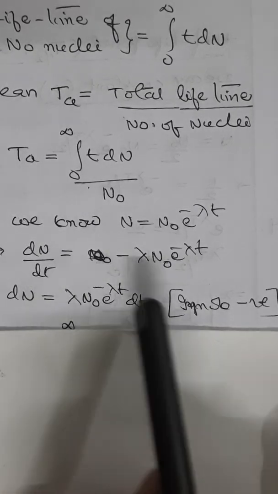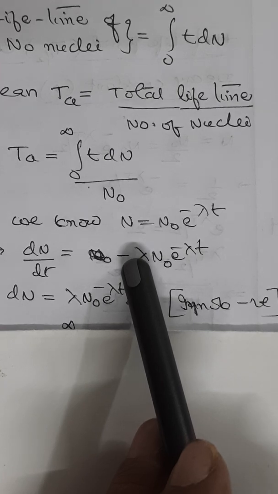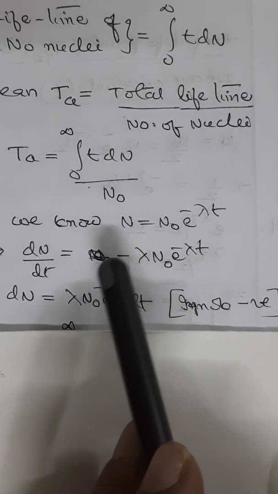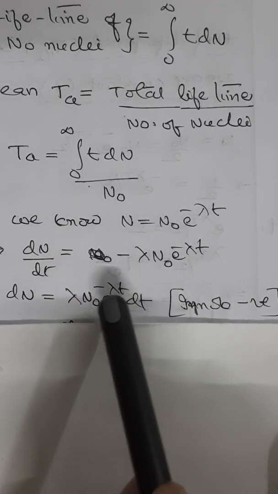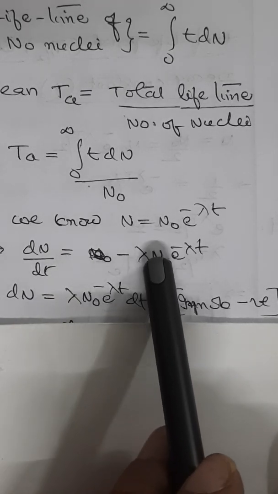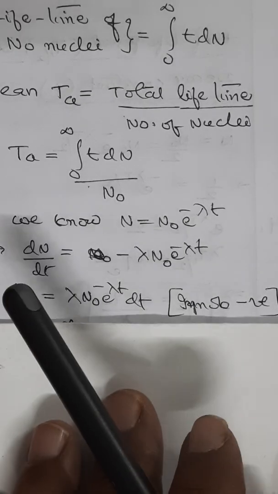The negative sign always shows that the decay of parent nuclei is opposite to that of daughter nuclei. As the parent nuclei decrease, daughter nuclei increase. So ignoring the negative sign, by cross multiplying, dn will become lambda n naught e power minus lambda t dt.